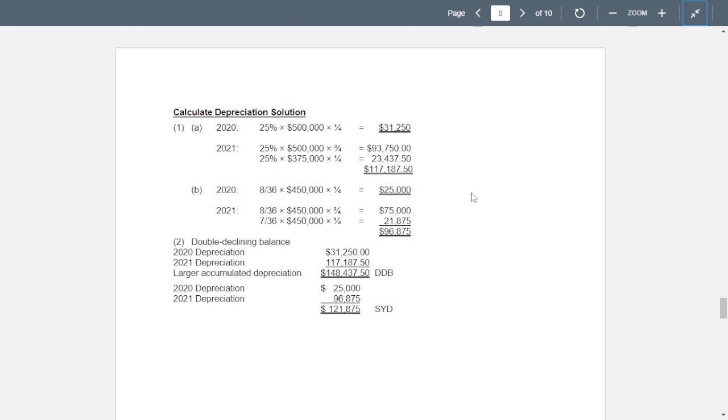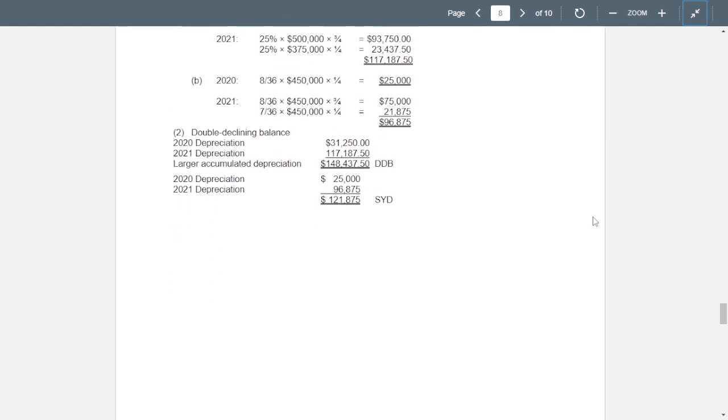So, double declining balance. It doesn't look like he included the solution for double declining balance. Wait. Oh, he did both this and this. Okay.